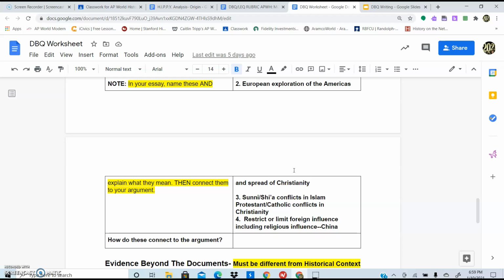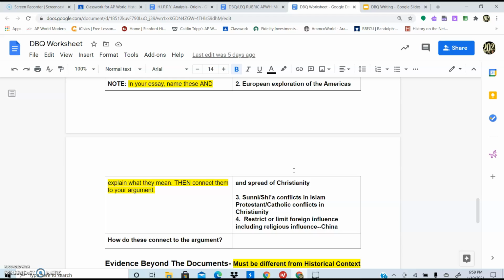Another example could be the restricted or limited foreign influence, including religious influence, dealing with China and the Qing dynasty, and how the Manchurians came in and wanted to keep the traditional ways of China and really limit the European influences that came into China.